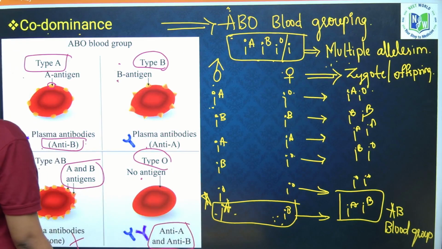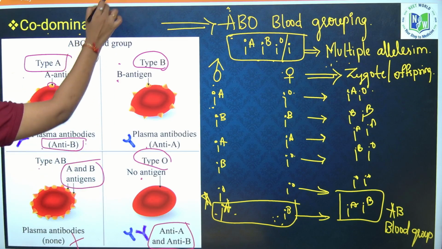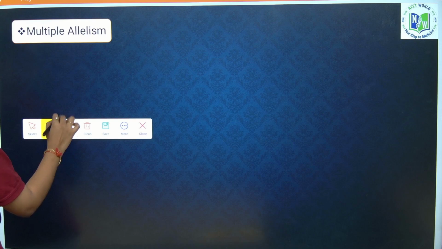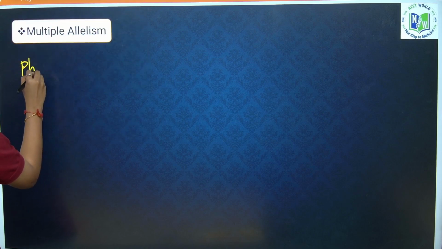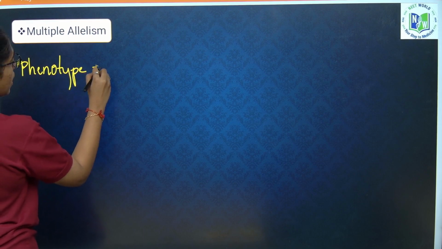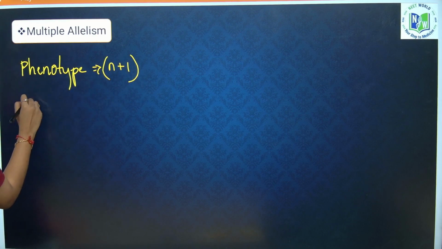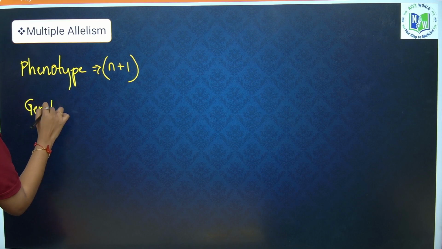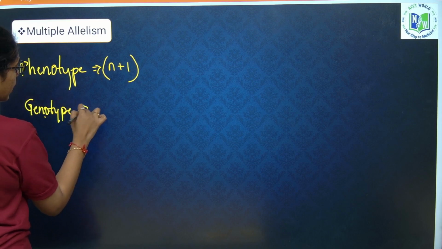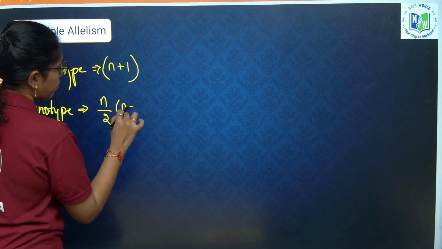Now we will also see how to calculate the genotype and phenotype for multiple allelism. To calculate the phenotype for multiple allelism, it is just n plus 1. The formula is n plus 1. To calculate the genotype for multiple allelism, the formula is n by 2 into n plus 1.